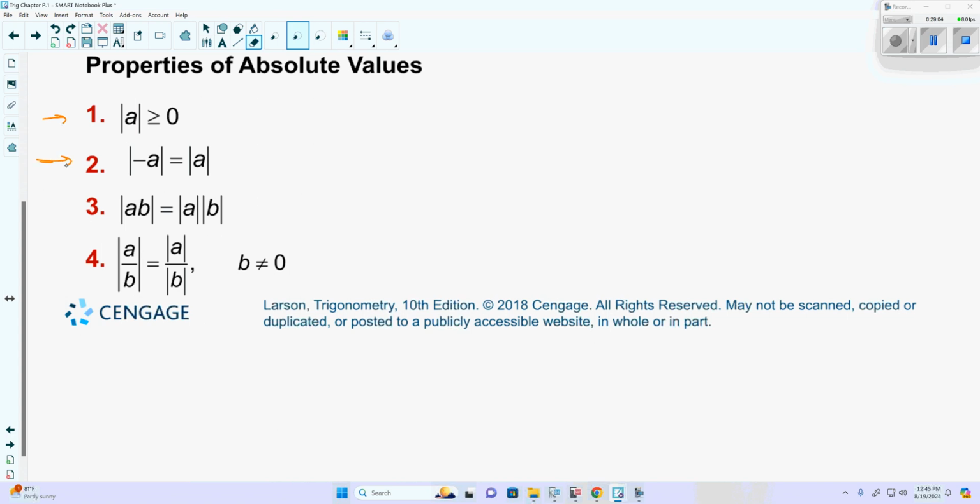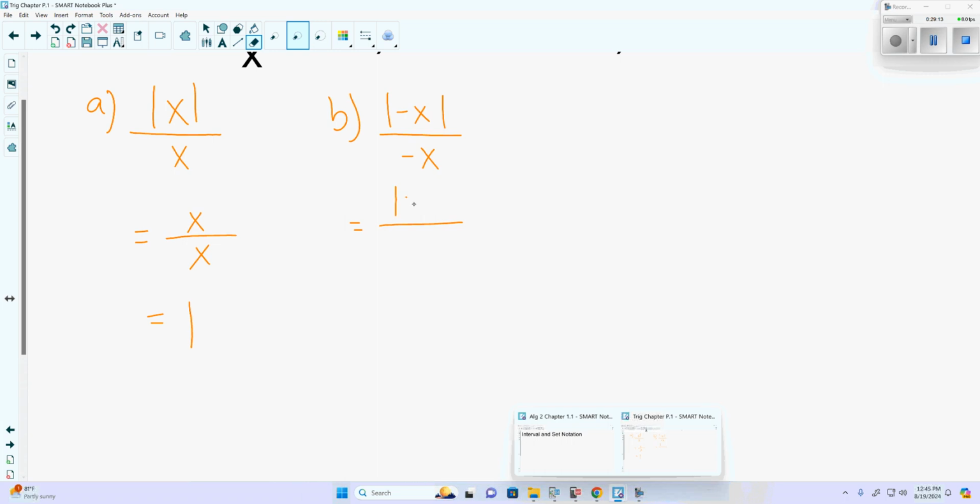Or we can go in 2 steps, saying that the absolute value of negative A is A. Really, we're just saying that this is the absolute value of X, which means it's just going to be X. But the denominator is going to stay negative X, because there's nothing being applied to it. Well, X divided by negative X is still what? 1, yes? But it's not positive 1 anymore, it is now negative 1.